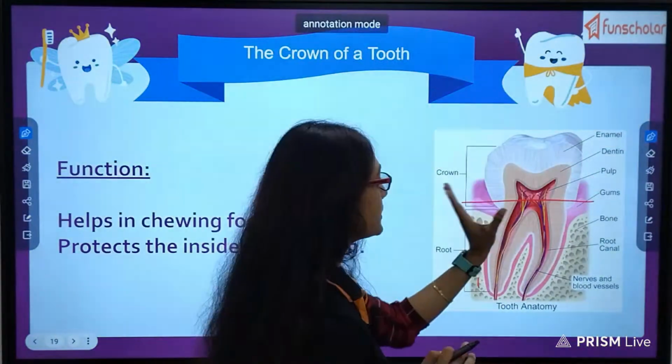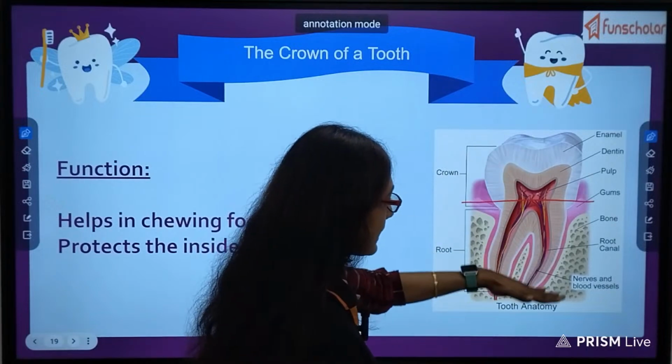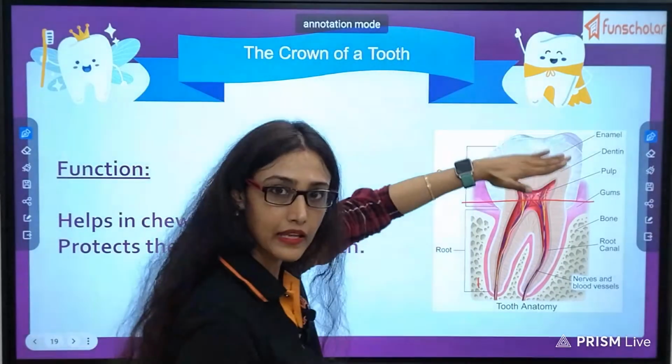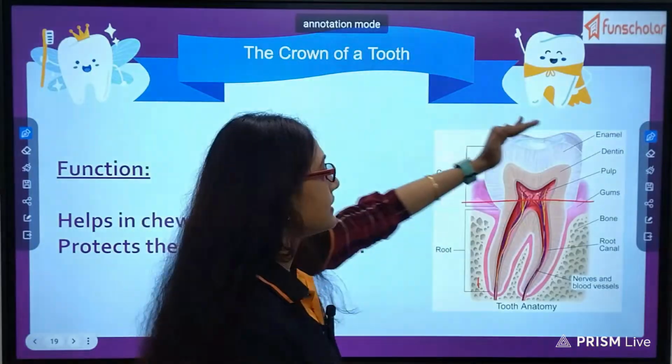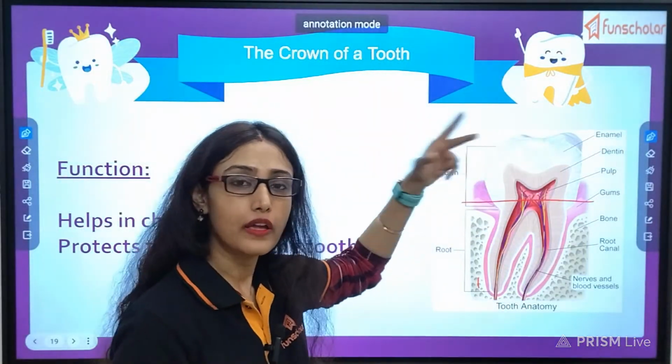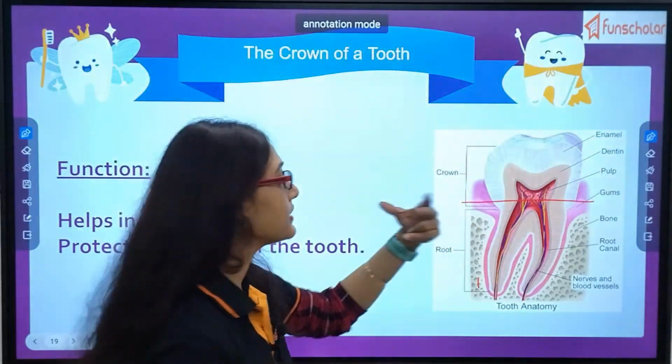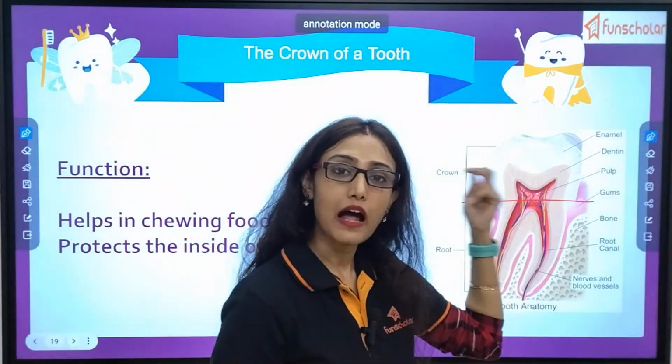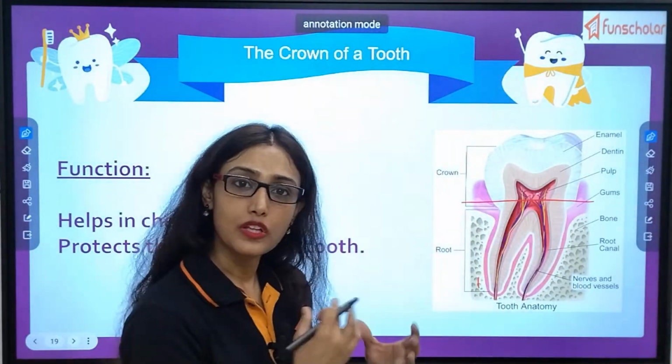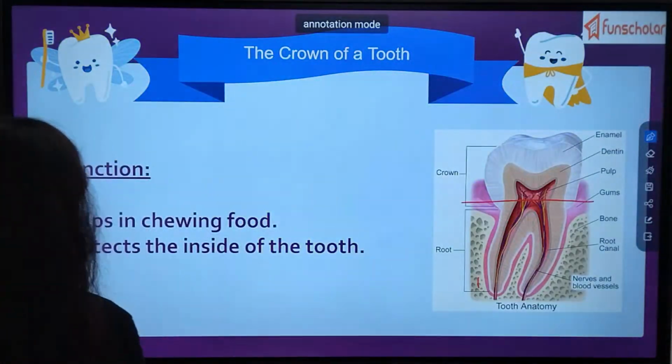The underlying part it protects from any damage. And the crown of any type of teeth ultimately helps to chew the food. Right? Clear?